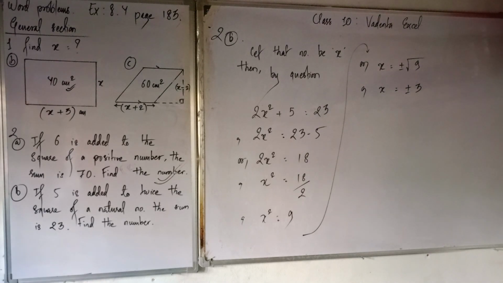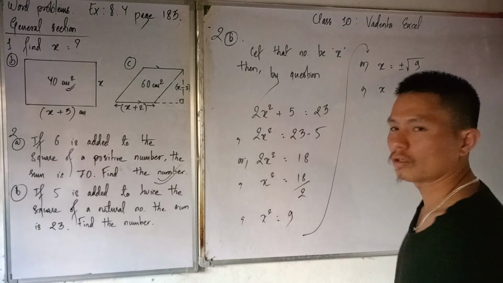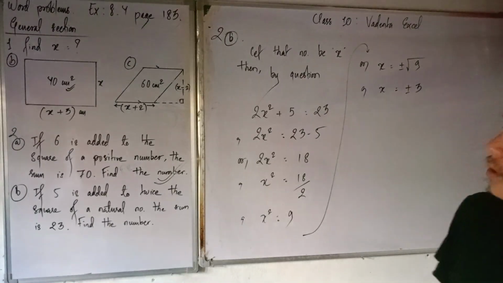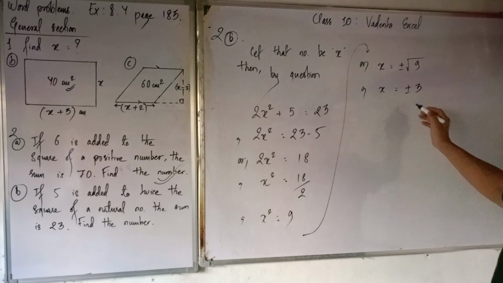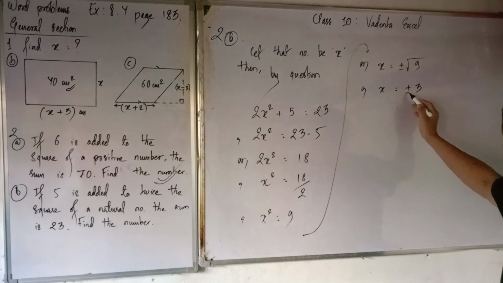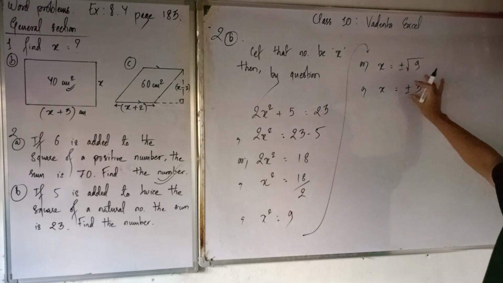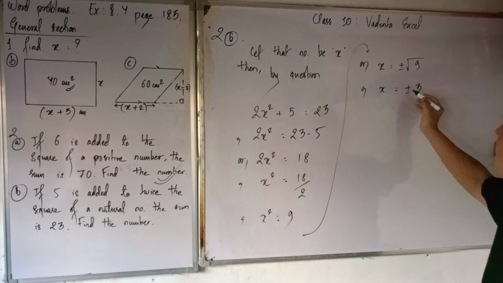You know natural numbers, integers, whole numbers: whole numbers start from 0 and natural numbers start from 1. So in natural numbers there will be no negative, so we negate the negative sign and only choose the positive.